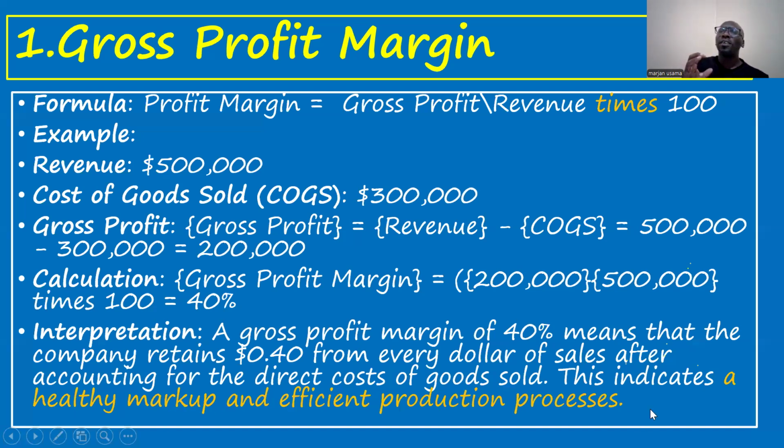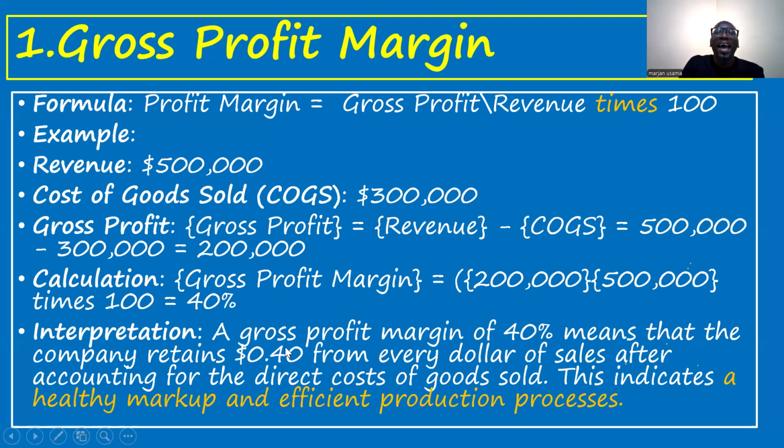So the 40% means that for every sale, when you are selling something in your business, for every dollar of sale, you retain $0.4 as your profit. Every dollar, you have 0.4 as your profit.